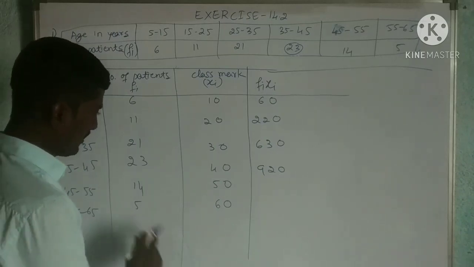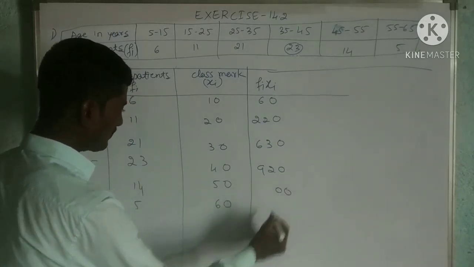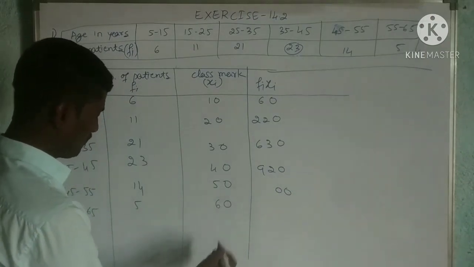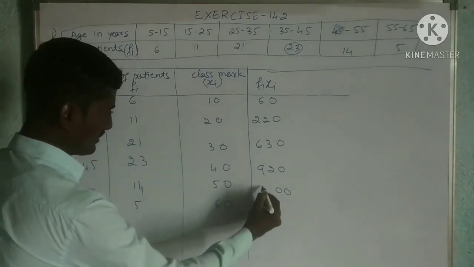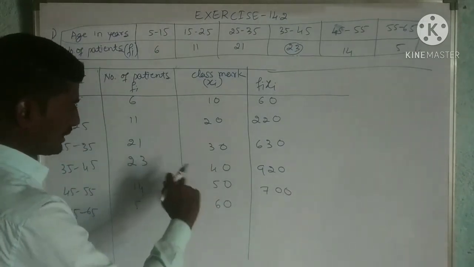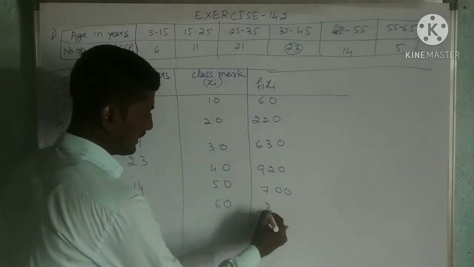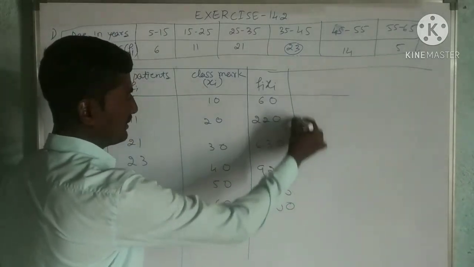Next 14 5s are 70, so 700. 6 5s are 30, so 300. This is fi xi.